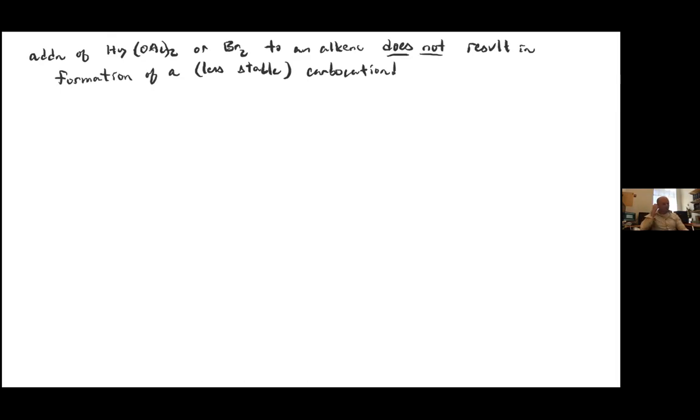In other words, the addition of mercuric acetate to an alkene always forms that mercurinium ion.